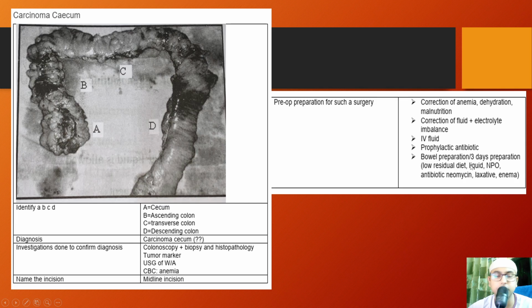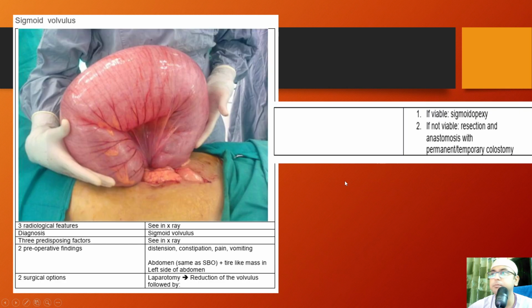Among laxatives and enema, which are important, you can use sodium picosulfate or mannitol, which acts as a diuretic and also as a laxative. Both can be used, and there are other solutions like Fleet Phospho-soda preparations and also the Osmolax preparation. So broadly it can be said that it is a laxative or enema.